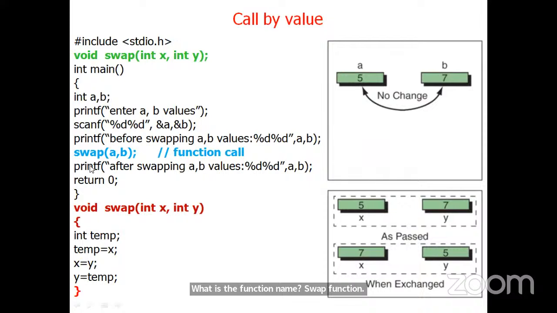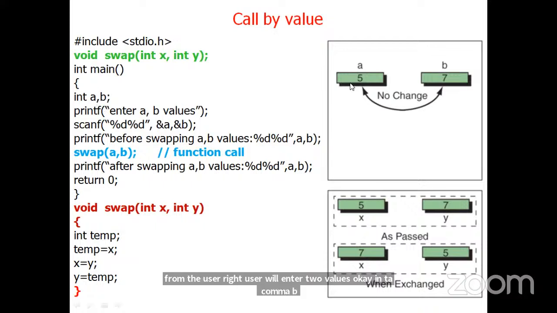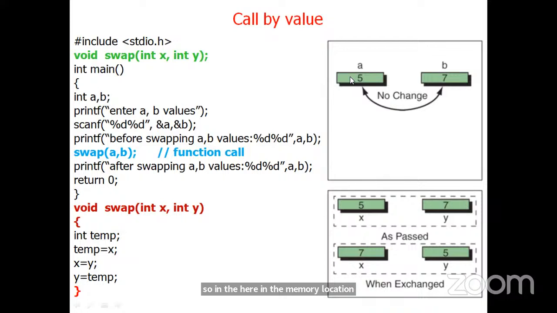Anyway, you will take these values from the user. The user will enter two values, int a, b. So in the memory location, please concentrate for the next 20 minutes. Int a, b means a and b are stored in some memory location.